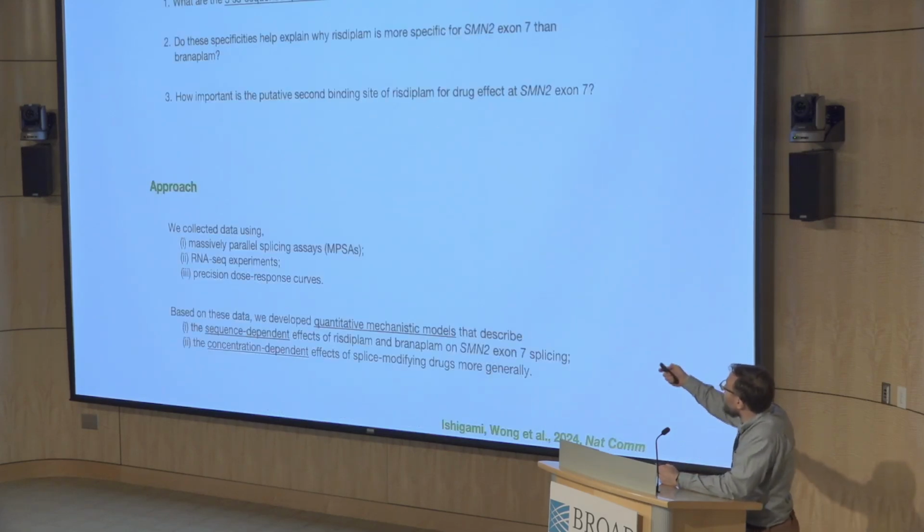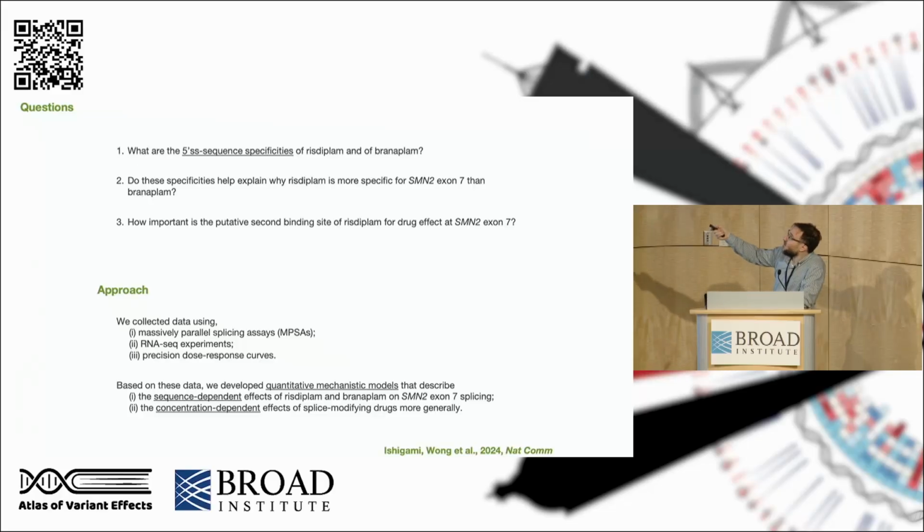So going in, we had these questions. What are the 5' splice site specificities of risdiplam and branaplam? Do these specificities help explain why risdiplam is more specific for SMN exon 2 than branaplam? And how important is the putative second binding site of risdiplam for the drug effect at SMN2 exon 7?